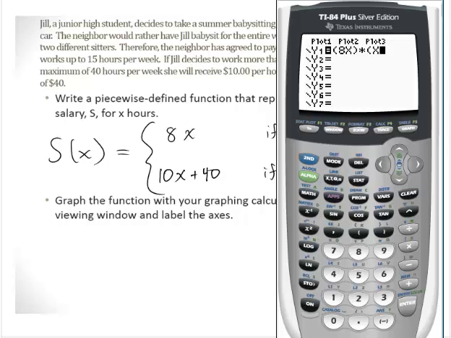So x, now go to the test, which is the second function of the math key. I want x to be greater than 0. Now I need to use the logical symbol AND, which is also under the test, under logic, and x is less than 15.